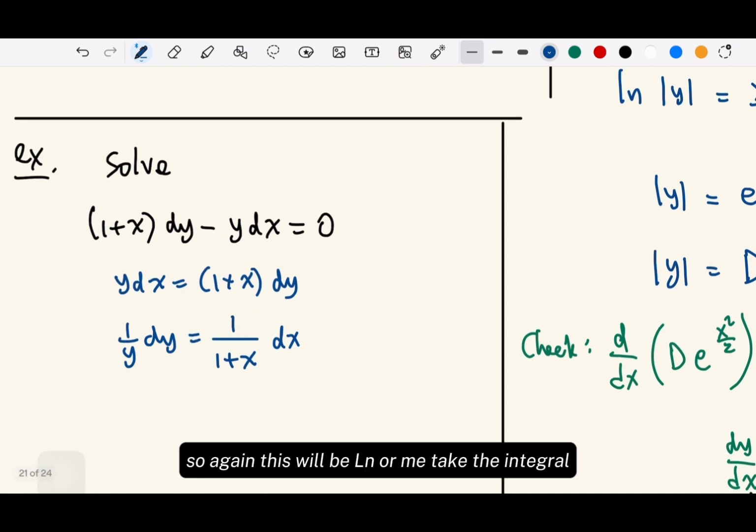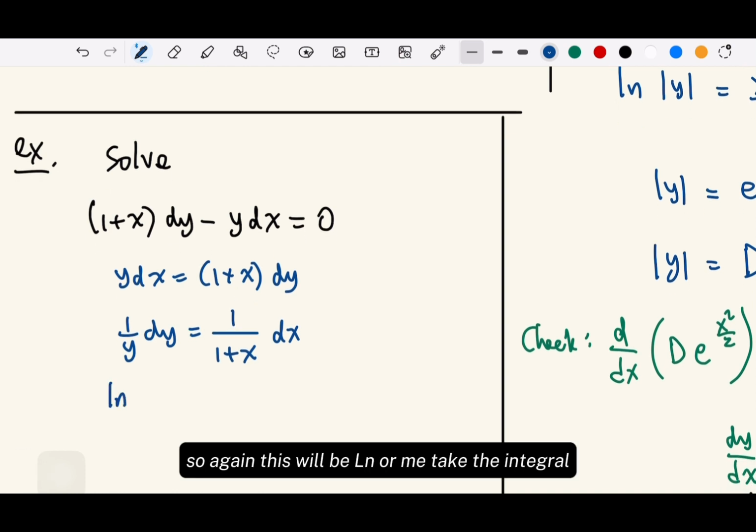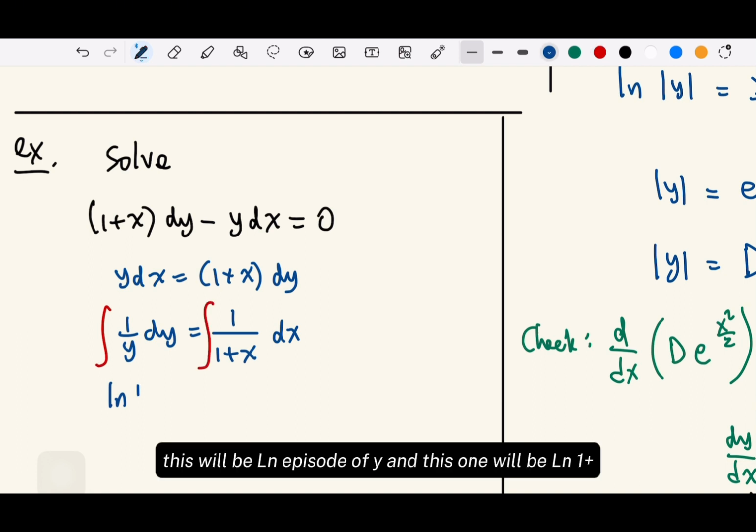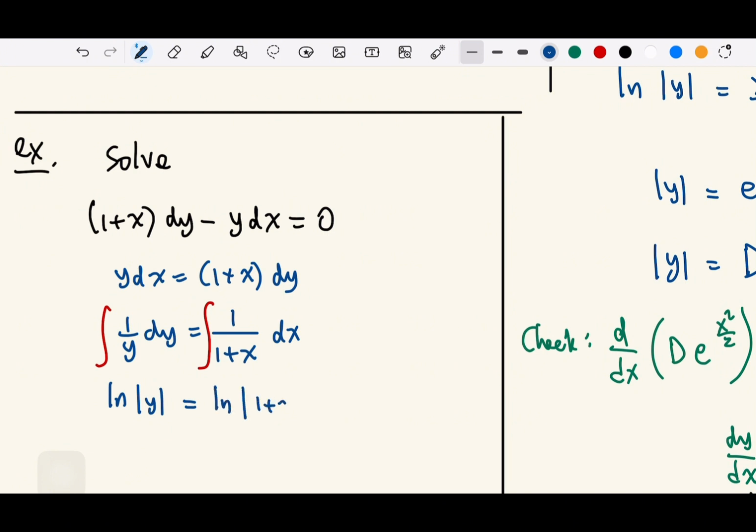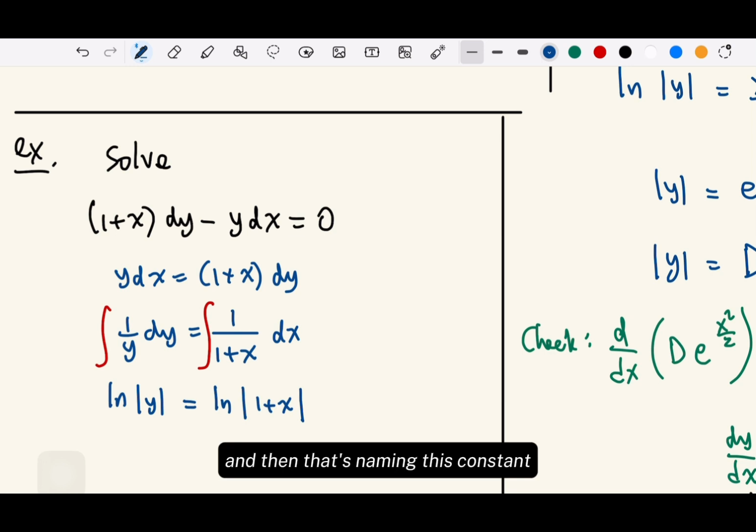So again, let me take the integral. This will be ln absolute of y, and this one will be ln of 1 plus x. And then let's name this a constant, plus a constant.